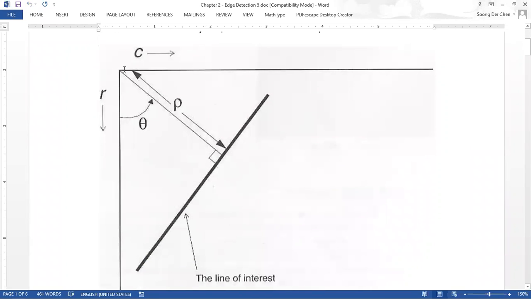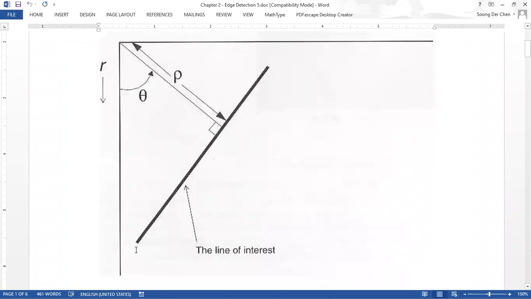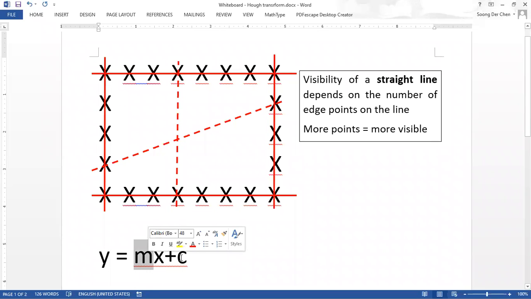Suppose this is an RC plane, and this is your line. We represent it by means of 2 parameters. Like mx plus c, you have m and c, your slope and the intersection with the y-axis.